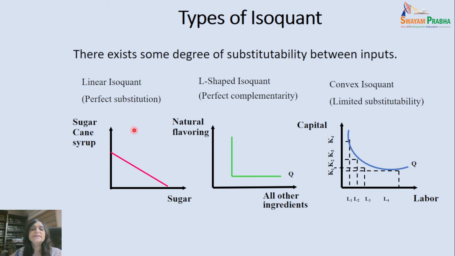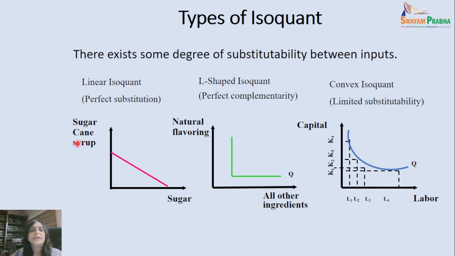Okay, now these are some of the types of isoquants that we have. The first is a case where your isoquant is linear, or a straight line. When will an isoquant be a straight line? It will be the case when these two inputs that we are using in the production of something are perfect substitutes for each other.